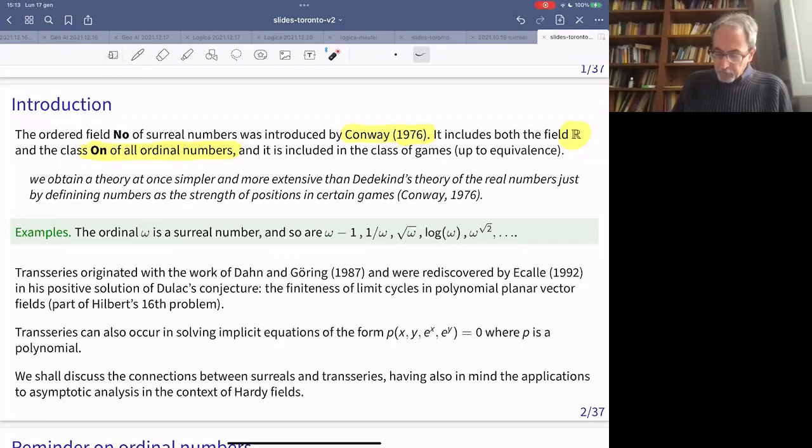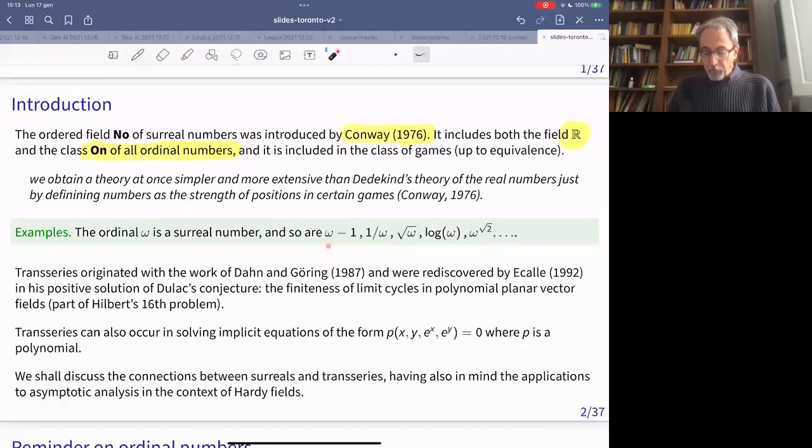So it turns out that it not only includes the real numbers, but it has all the elementary properties of real numbers. In particular, it's an ordered field, it's real closed, which means that every polynomial which changes sign has a root. Moreover, it includes the ordinal numbers, for instance the ordinal number omega, which is the first infinite ordinal number.